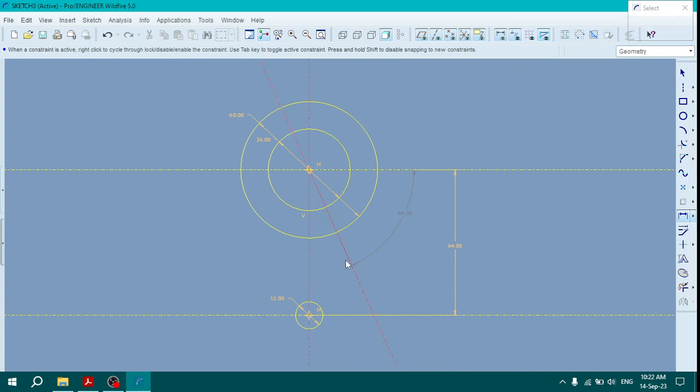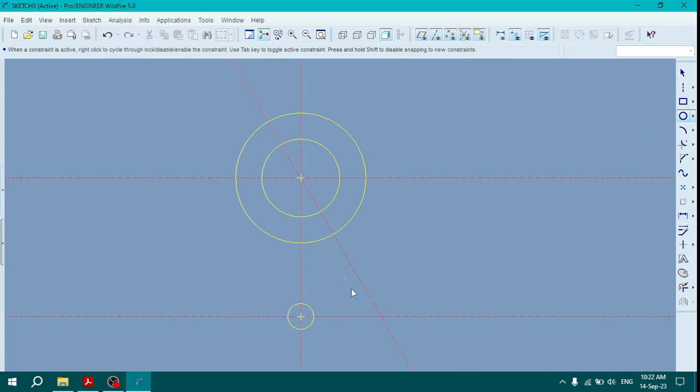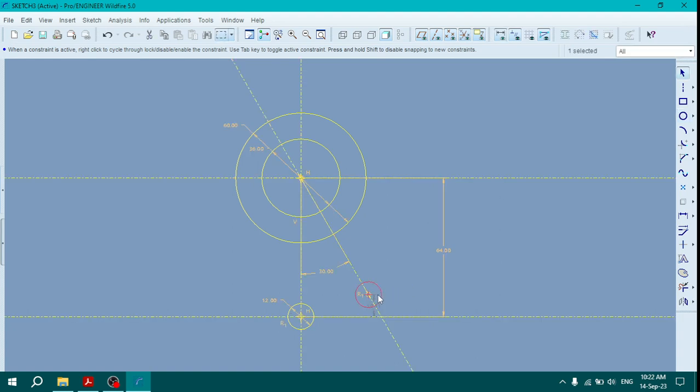So this angle is 30 degree. And just like how this distance was 64, similarly the distance between this center point and this center point is 64 again.